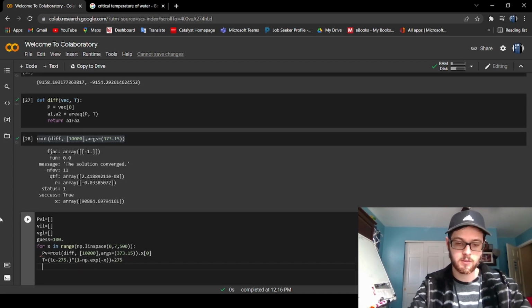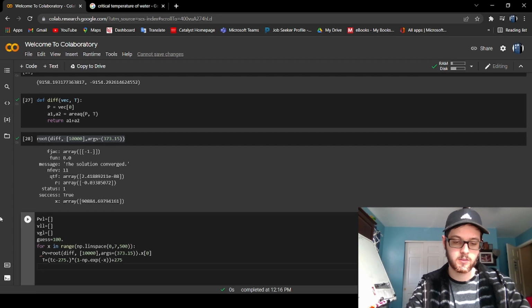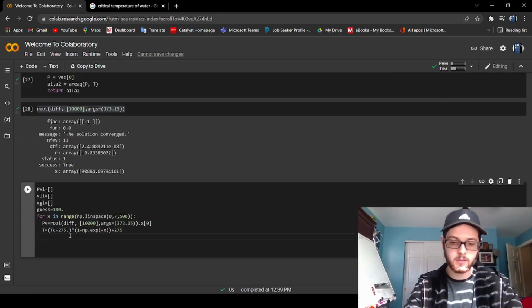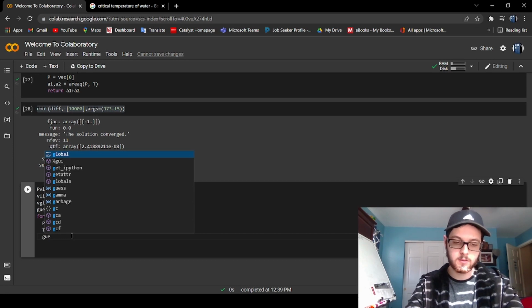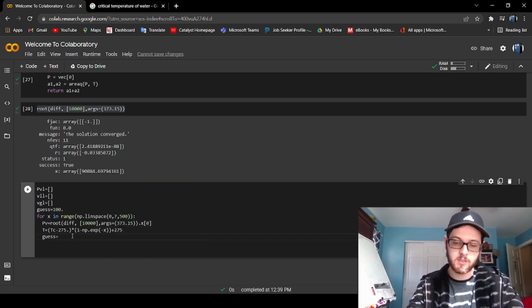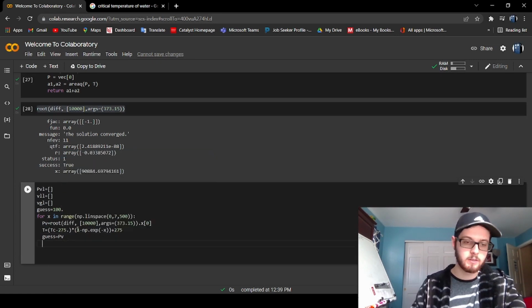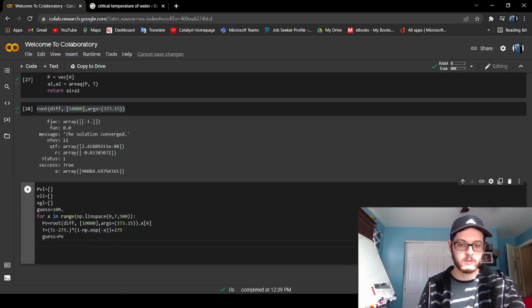And then we want our guess to become the vapor pressure for each one of these. I don't know why I keep pressing enter so many times and then forgetting that doesn't work.